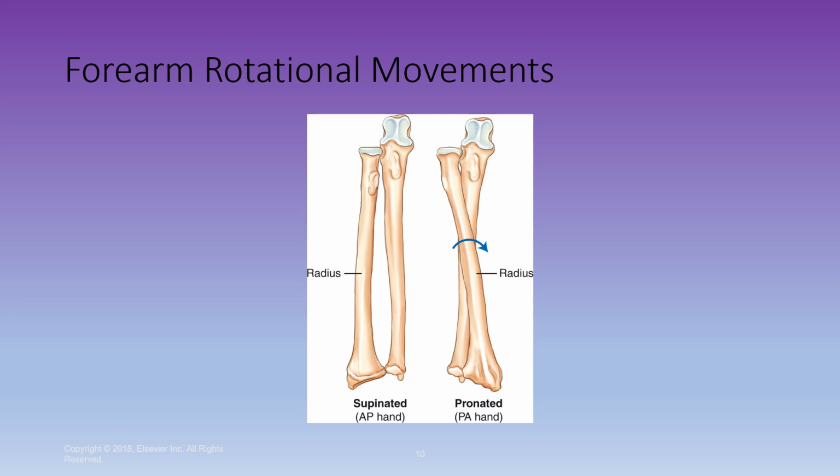A lot of times students will mistakenly place the hand palm down, and they will try to do a PA forearm, but that is not correct, because when you pronate it, what happens is that the radius crosses over the ulna, and that is not going to give the radiologist any information on what's going on with either of those two bones.